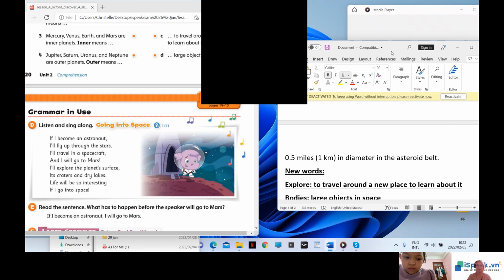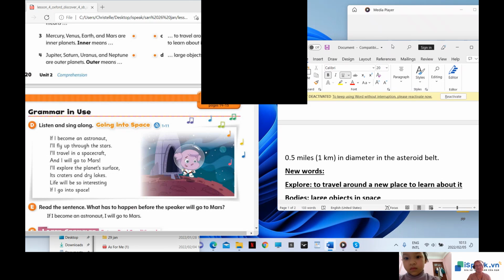Going into space. If I become an astronaut, I'll fly up through the stars. I'll travel in a spacecraft and I will go to Mars. I'll explore the planet's surface, its craters and dry lakes.